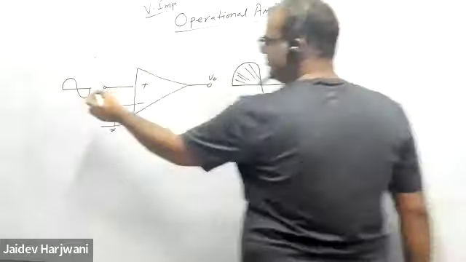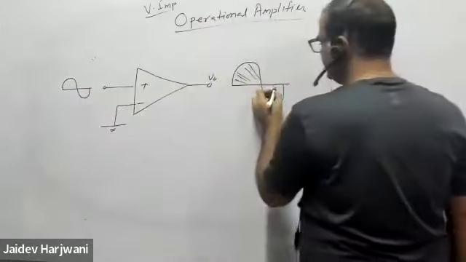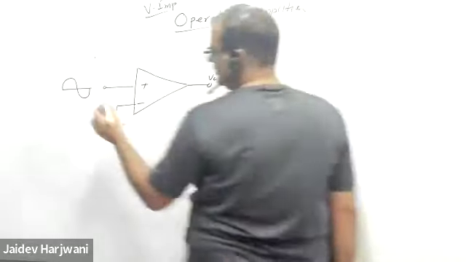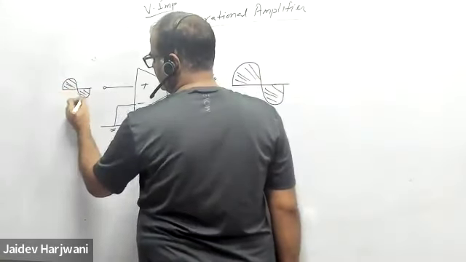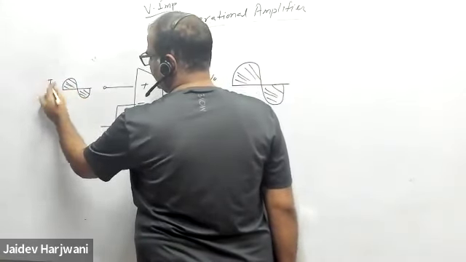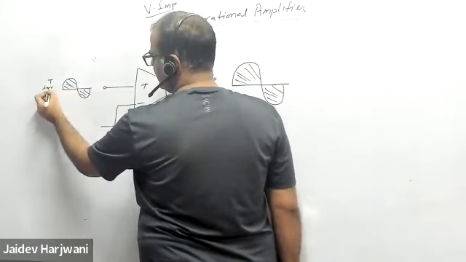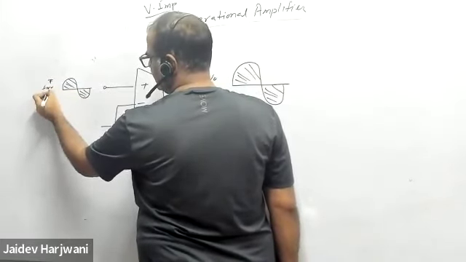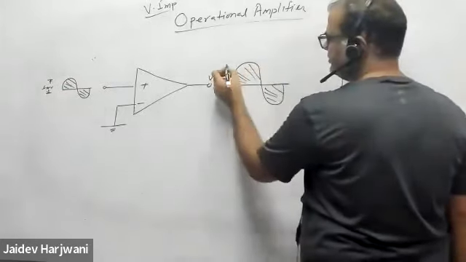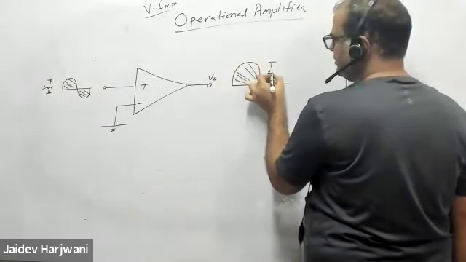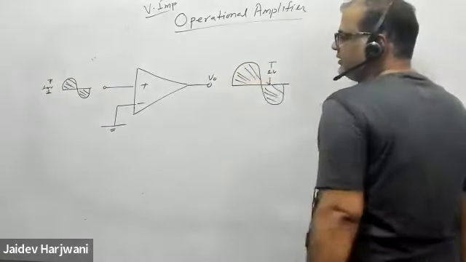Say this is 1 millivolt, it may become 1 volt, depending on the peak-to-peak value.